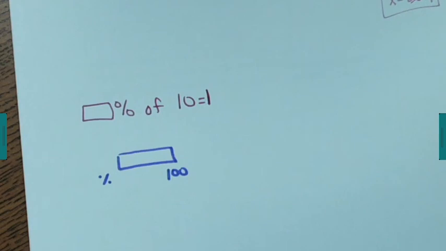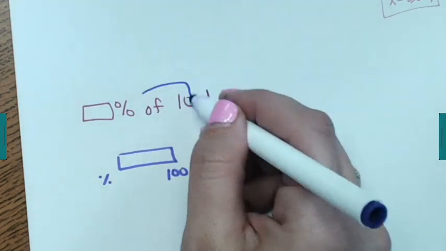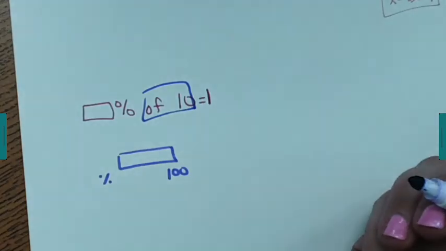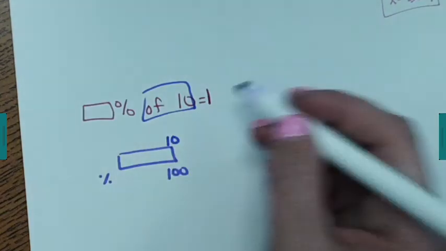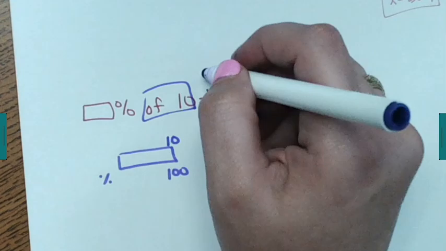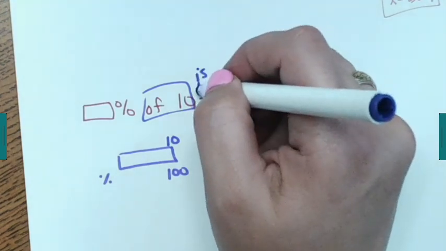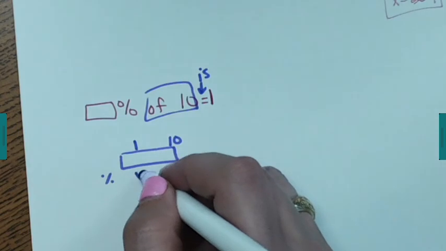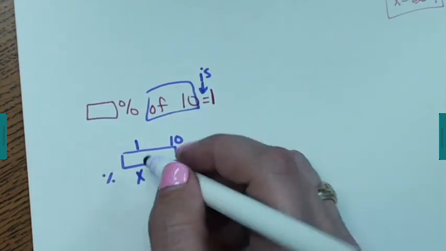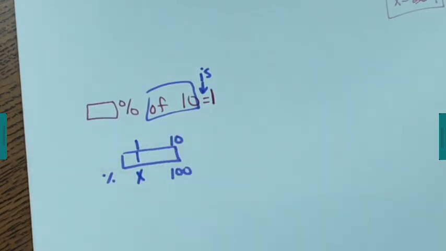Okay. So it says of 10. So where does 10 go? Above the 100. And then is 1. Remember, this means is. So is goes over here. And I don't know the percent, so that goes on the bottom. All right. Do you see a shortcut?